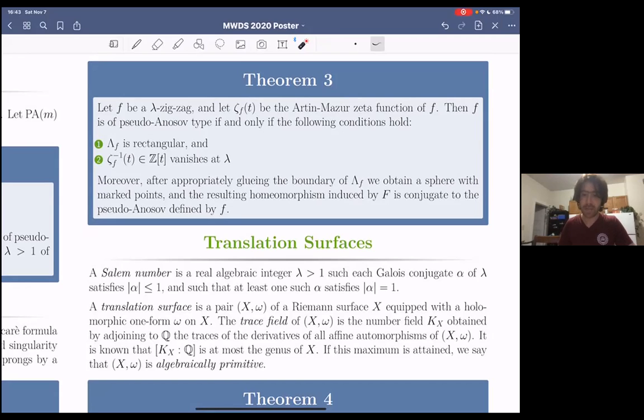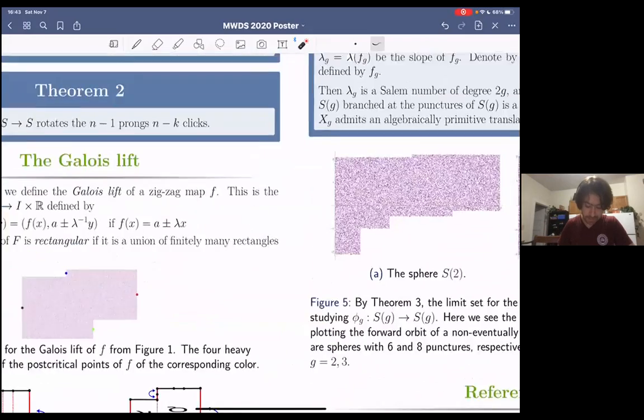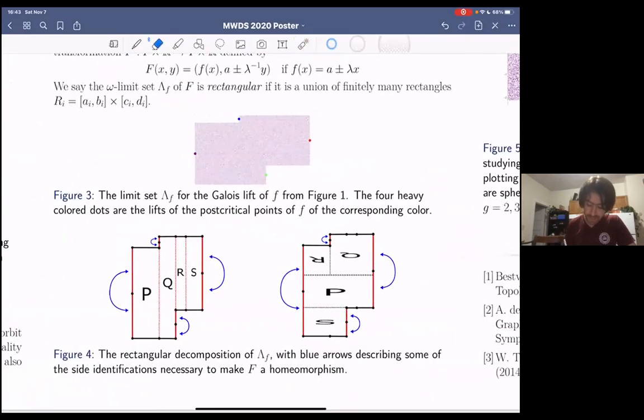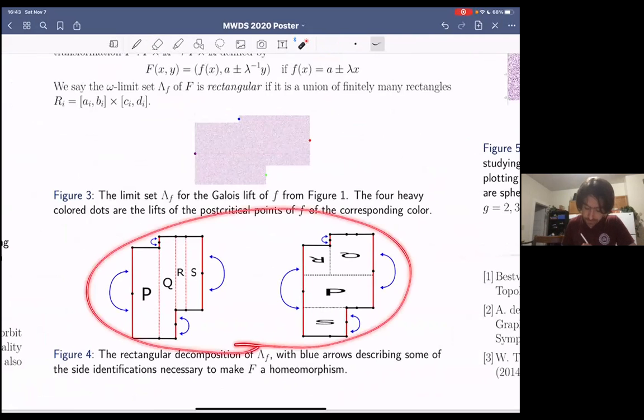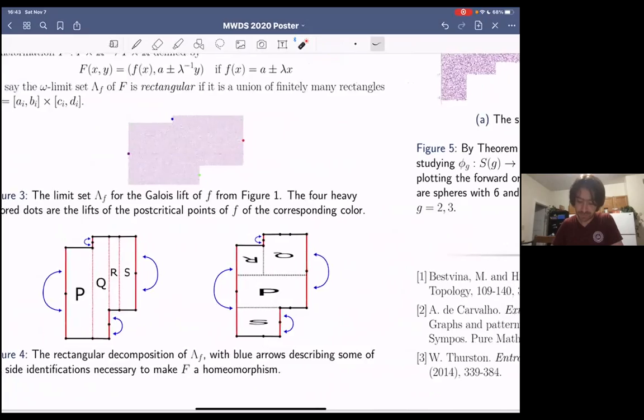Specifically, there's a topological conjugacy from the Galois lift that conjugates the action of the Galois lift to the action of the pseudo-Anosov. So in particular, in this picture down here, we can actually take this figure as demonstrating for us the actual pseudo-Anosov that we would obtain from the zigzag map in question.